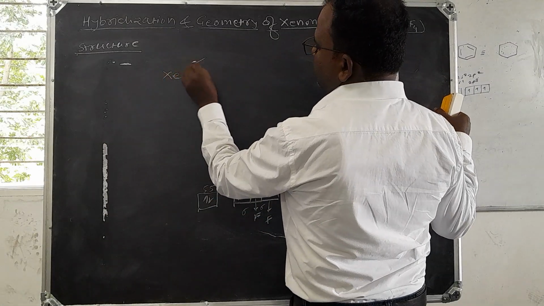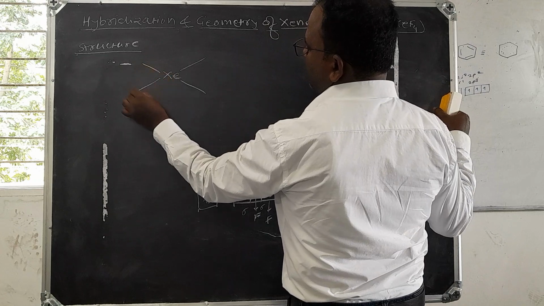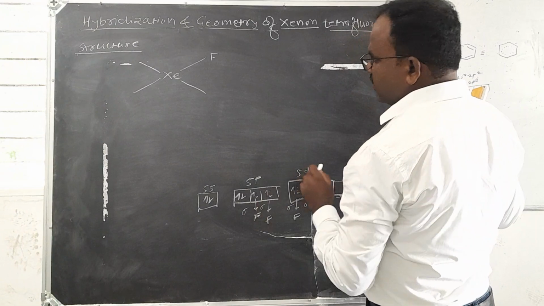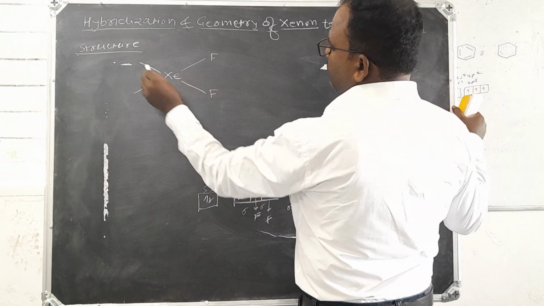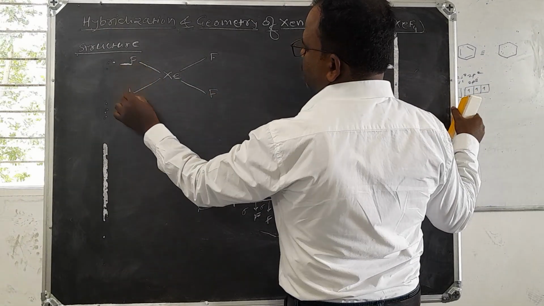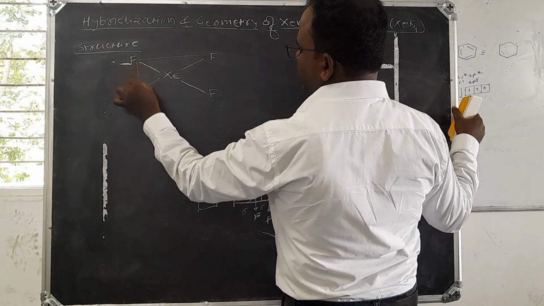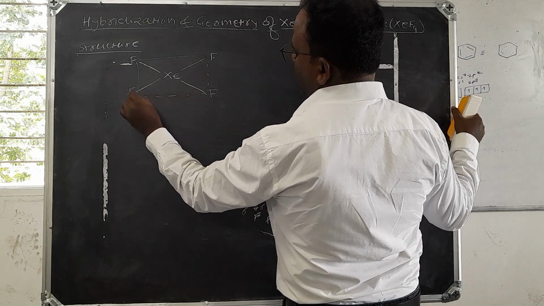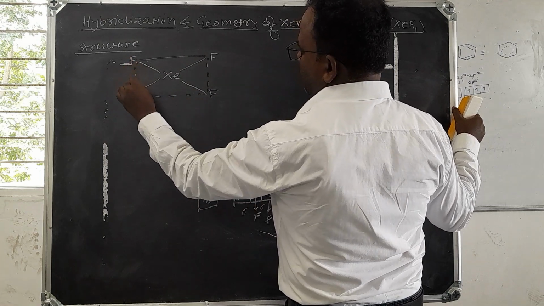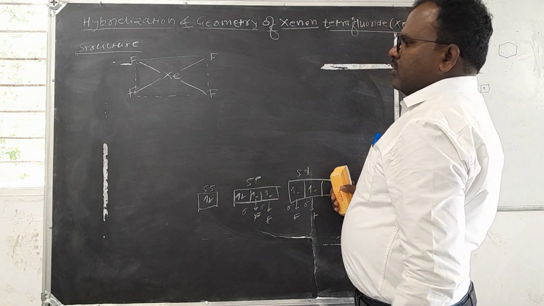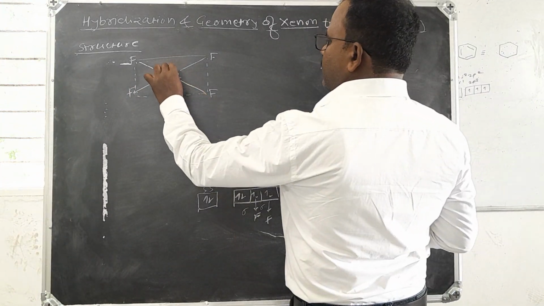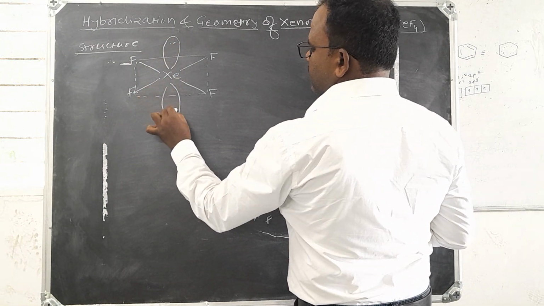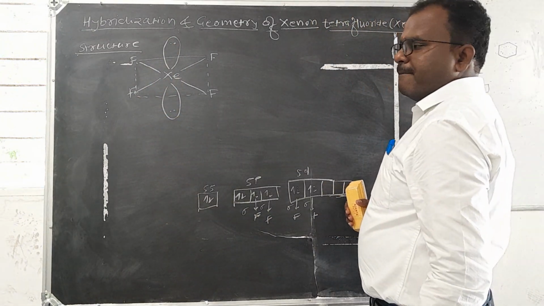These are the bond pairs, that is, four bond pairs, forming covalent bonds. These four bond pairs form a square planar arrangement, and one lone pair is present above the plane and another lone pair is present below the plane.